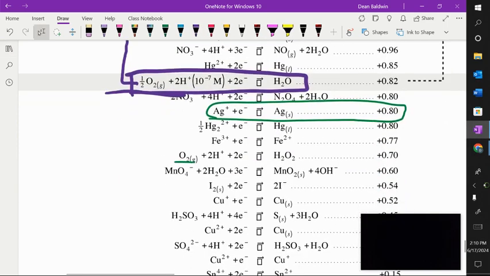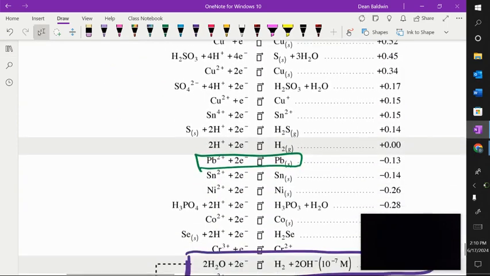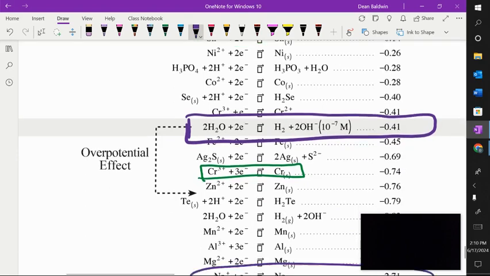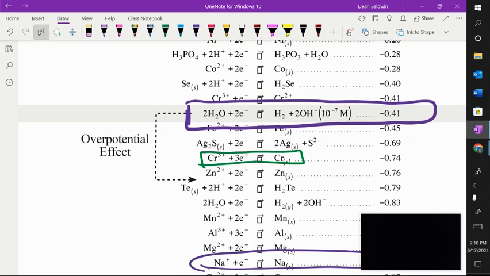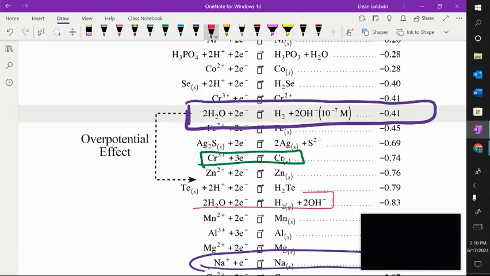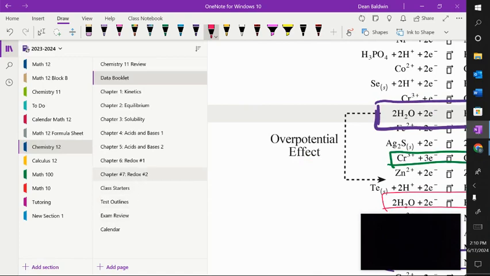And there's one for the other one too. So this one that's highlighted here is neutral. And this one is basic, okay? So the ones with 10 to the minus 7 are neutral conditions. So let's fill those in.